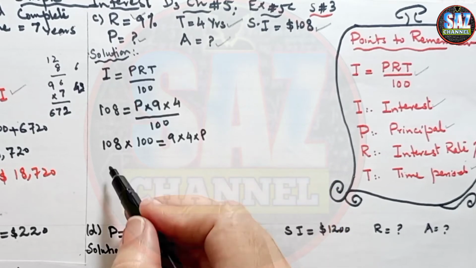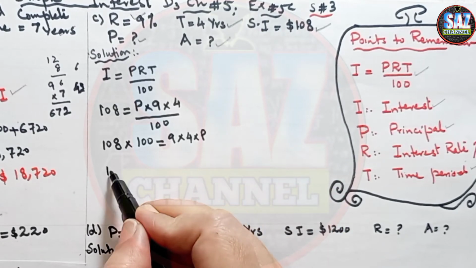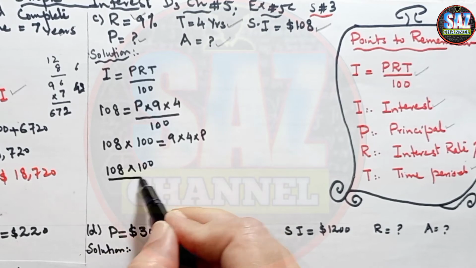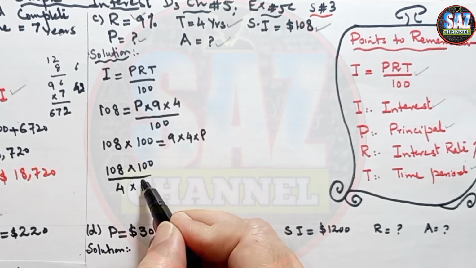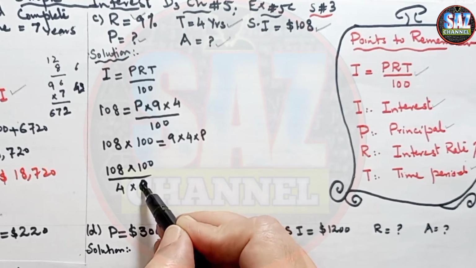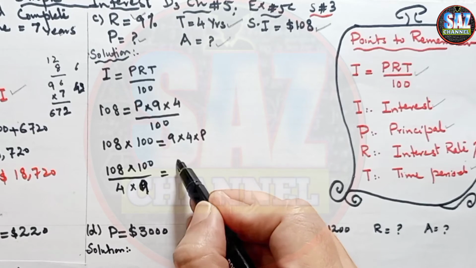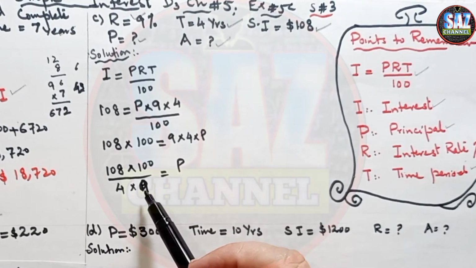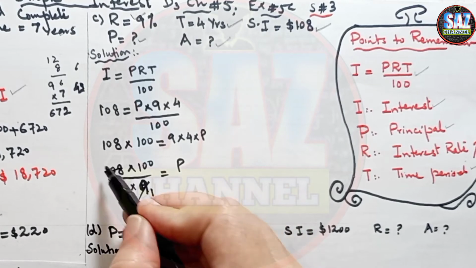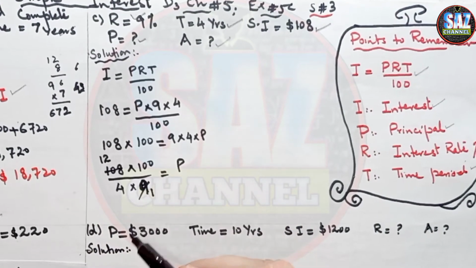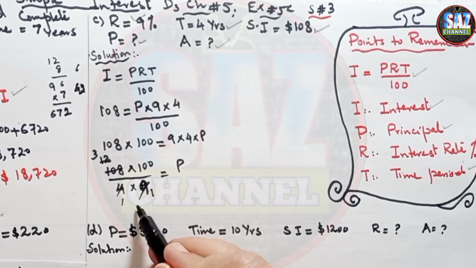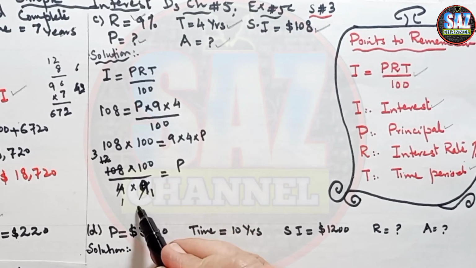Now shift this 9 multiplied by 4 to the other side. So 108 multiplied by 100 upon 4 multiplied by 9, and this will give me the value of P. Now learn the tables: 9 ones are 9, 9 twos are 18, 4 ones are 4, and 4 threes are 12, and I'm left with 100 multiplied by 3.